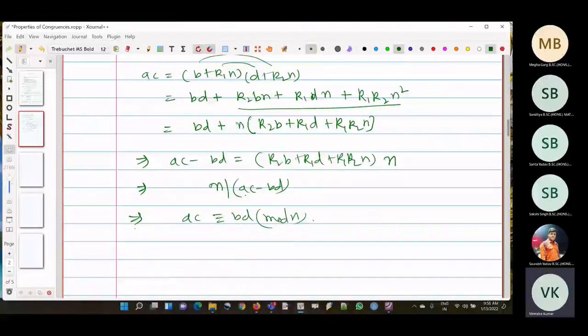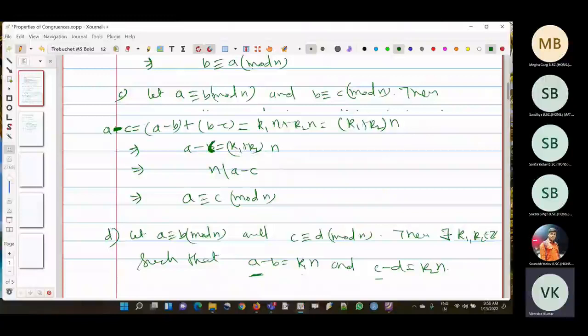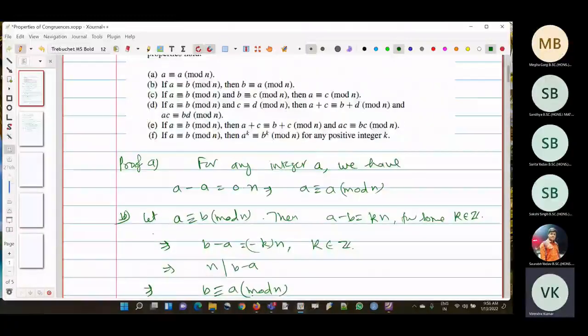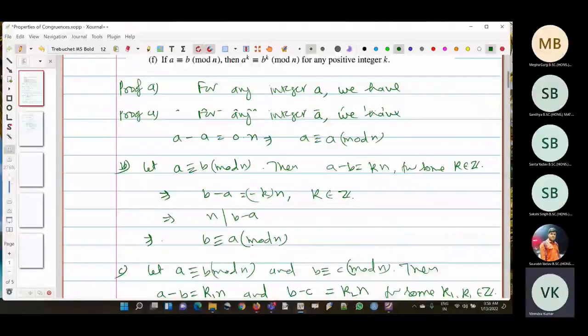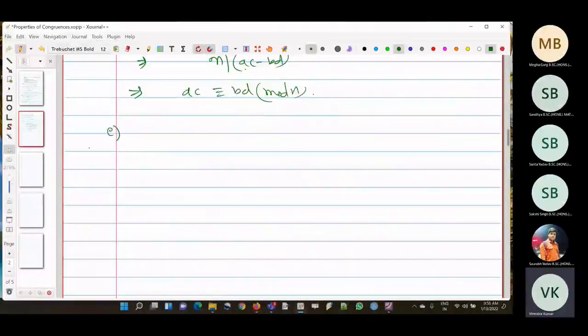Okay. So next part, let us see what is part E. If A is congruent to B modulo n, then we can add some element on both sides and we can multiply also. So sum and multiplication: if you add some fixed number on both sides, this doesn't change the congruence.